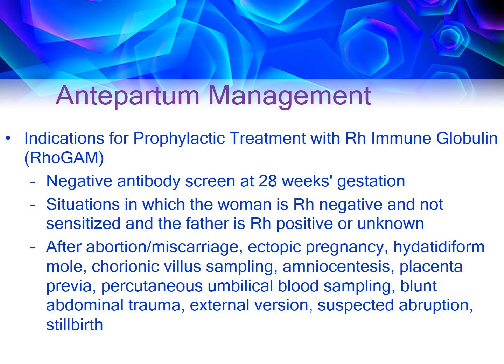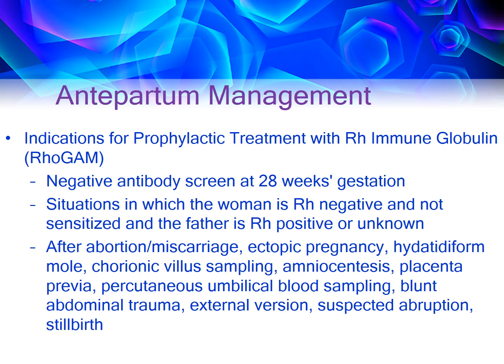All right, so for antepartum management, when do we give this Rh immune globulin or RhoGAM? Well, remember we've got our screening test done at 28 weeks, and she has a negative antibody screen. So nothing's leaked over. We're trying to prevent. In situations where the woman's Rh negative and not sensitized, and the father is Rh positive or we don't know his Rh, we're going to give it pretty much after any procedure if mom is Rh negative.